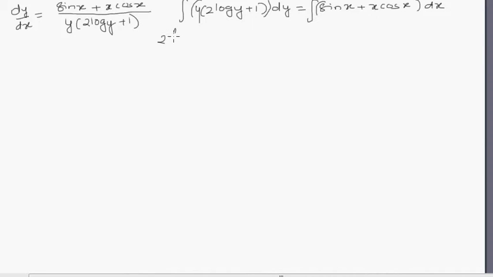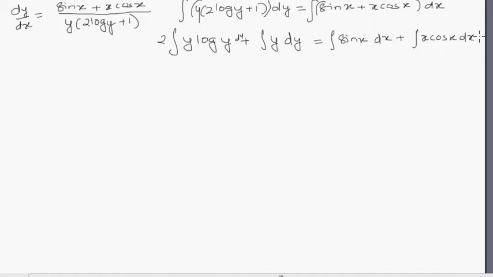You have 2 times integral y log y plus y times 1, which is y, dy is equal to integral sine x dx plus integral x cosine x dx.